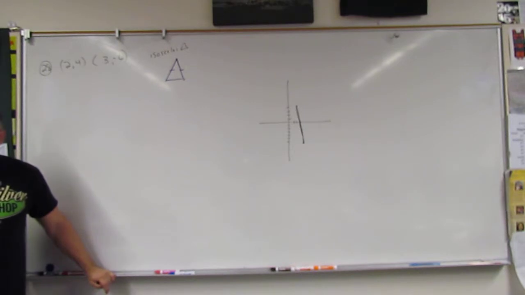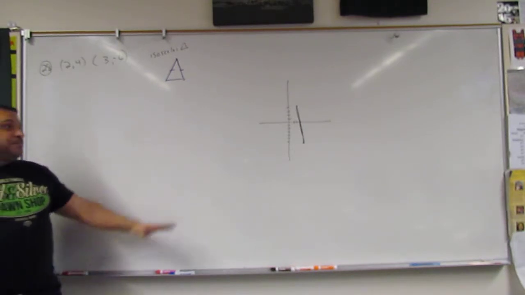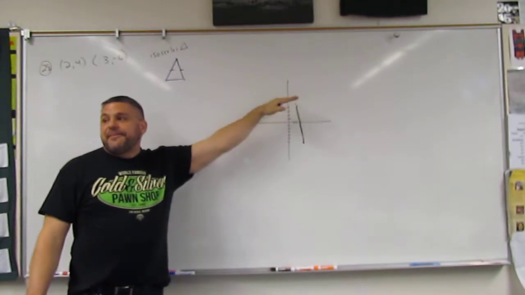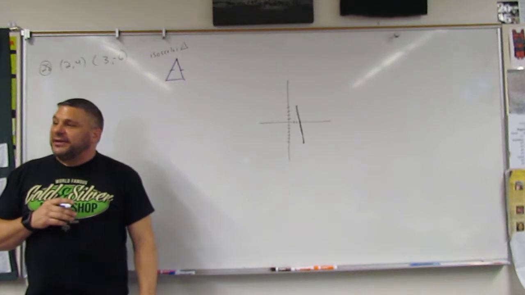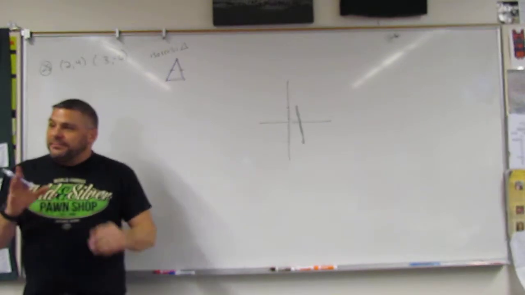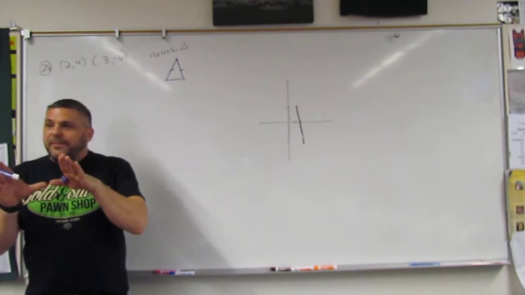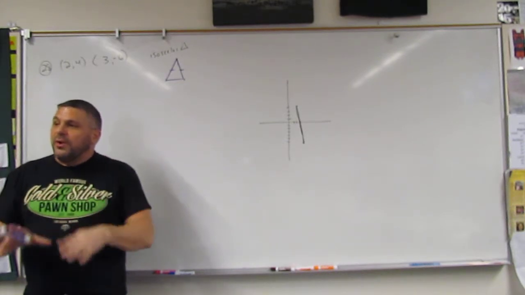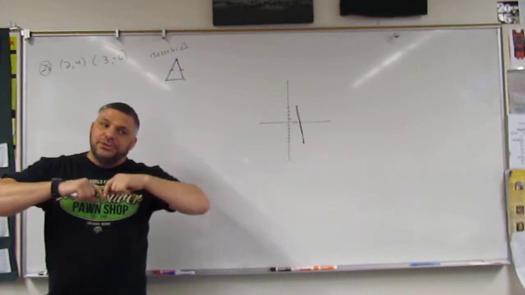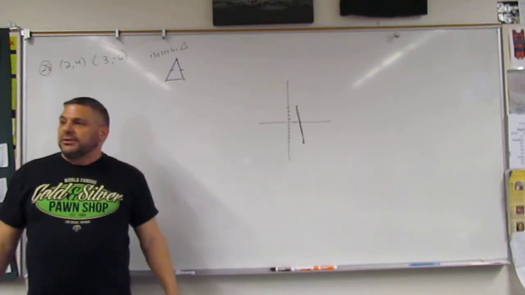Well, what do we know about perpendicular bisectors? It will make 2 sides the same. And if it perpendicularly bisects, then any point on that perpendicular bisector will create 2 equal measures.